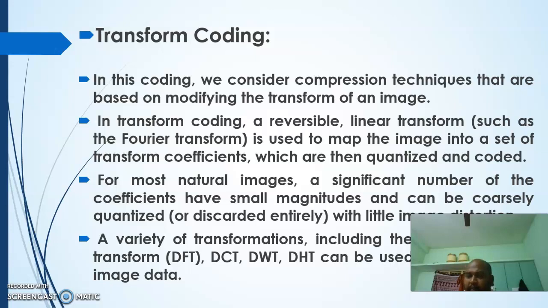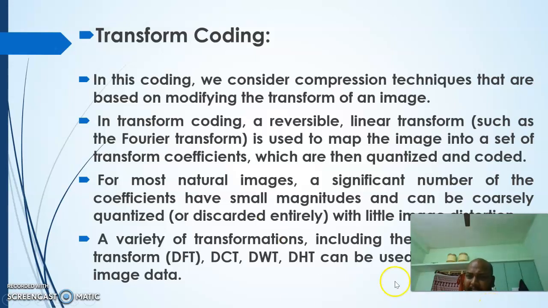The complete pixels are scanned and analyzed, and then a suitable coding algorithm is selected, and the data size of the image is reduced. This process of coding is transform coding.